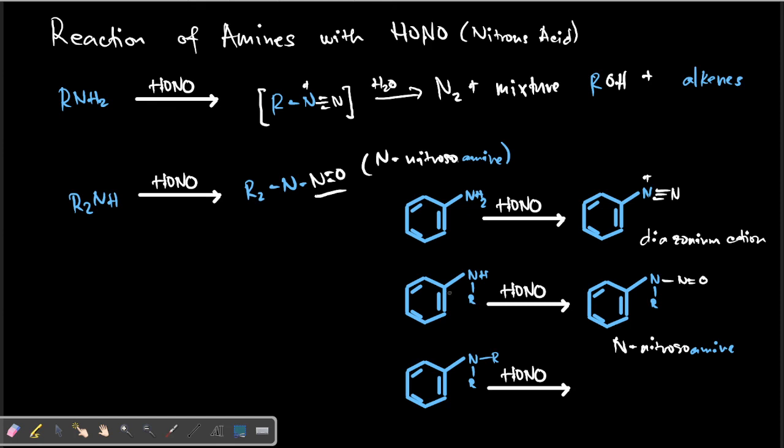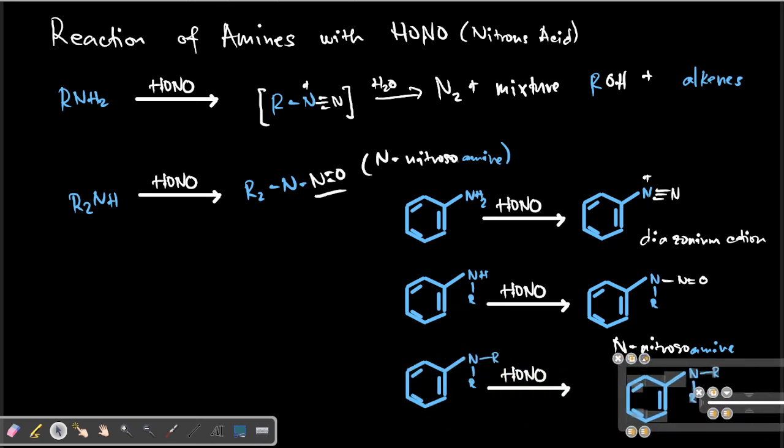Okay? And for the last one, with the reaction of HONO, dito sa ating compound na ito, we will actually be experiencing what we call electrophilic aromatic substitution here. Kasi ang mangyayari, ay ganito.